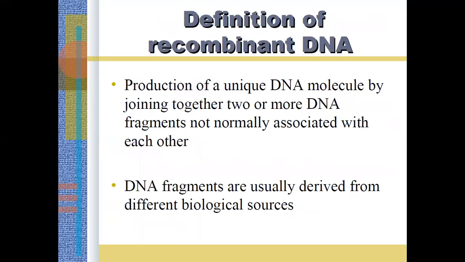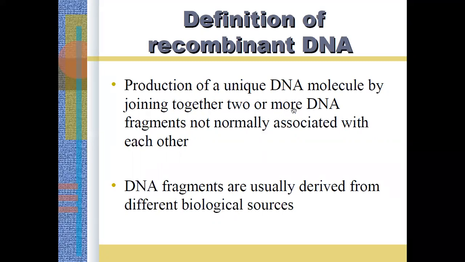Now, another thing: what is recombinant DNA? You should know the definition of recombinant DNA. Recombinant DNA means we are producing a unique type of DNA molecule, and it is produced by joining together two or more DNA fragments.